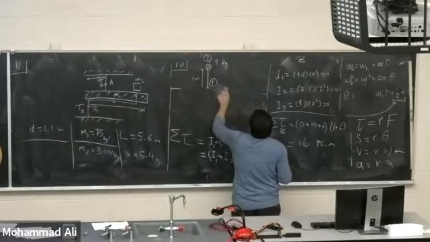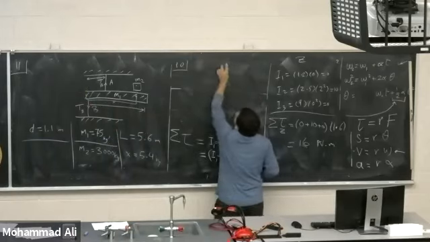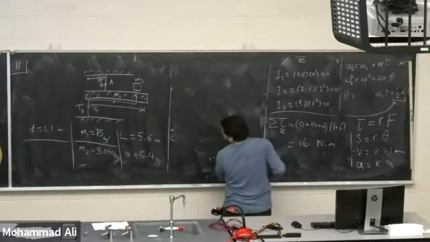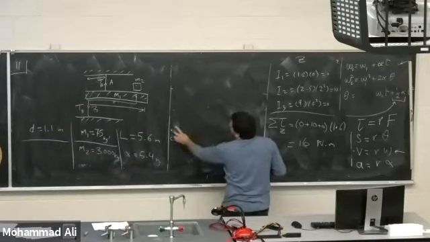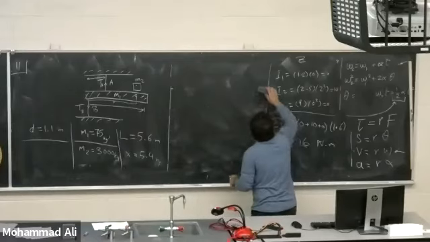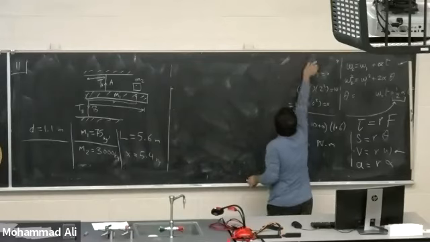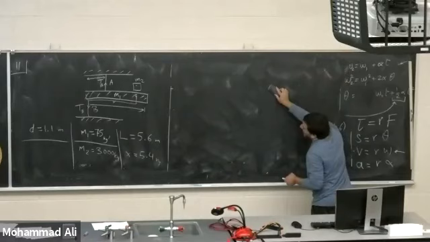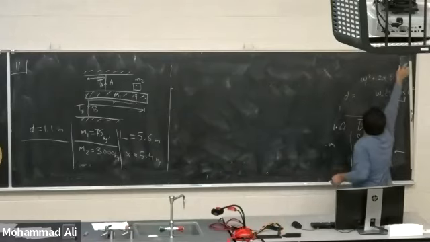We have a crane. The rod has a mass, which is 75 kilograms. Its length L is 5.6 meters. It can carry a mass of 3,000 kilograms.